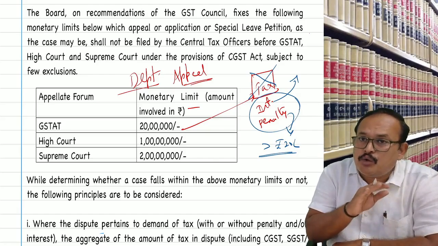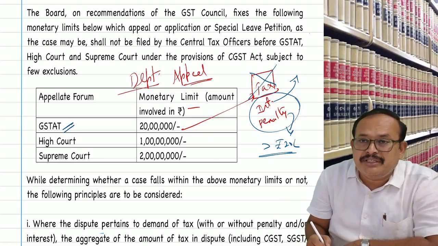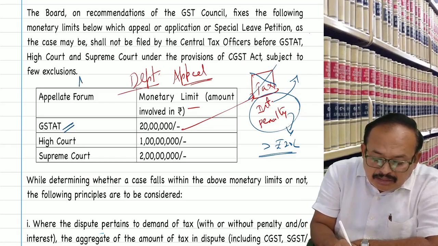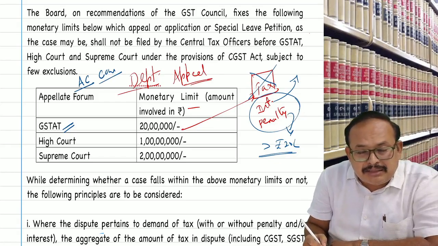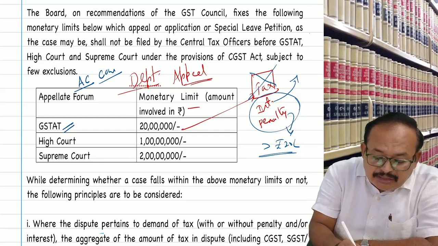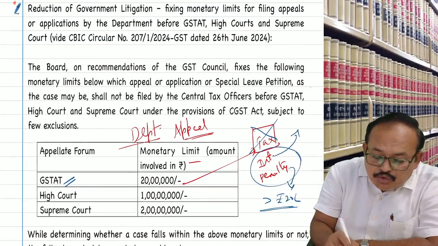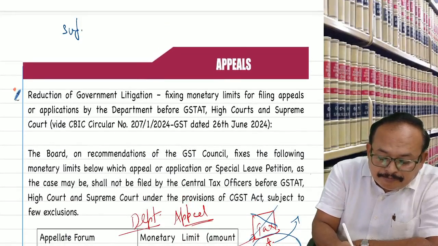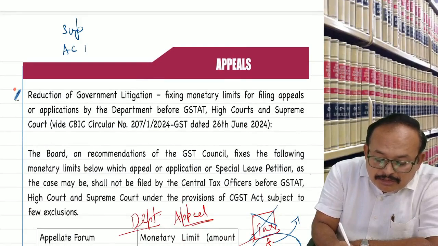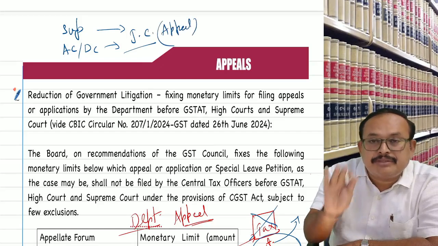Where are you not allowed to go for appeal through the tribunal against the order of the AC or DC, the assistant commissioner or commissioner? First you have to derive the hierarchy. For orders against the superintendent, assistant commissioner, or deputy commissioner, you can go to the joint commissioner appeals.